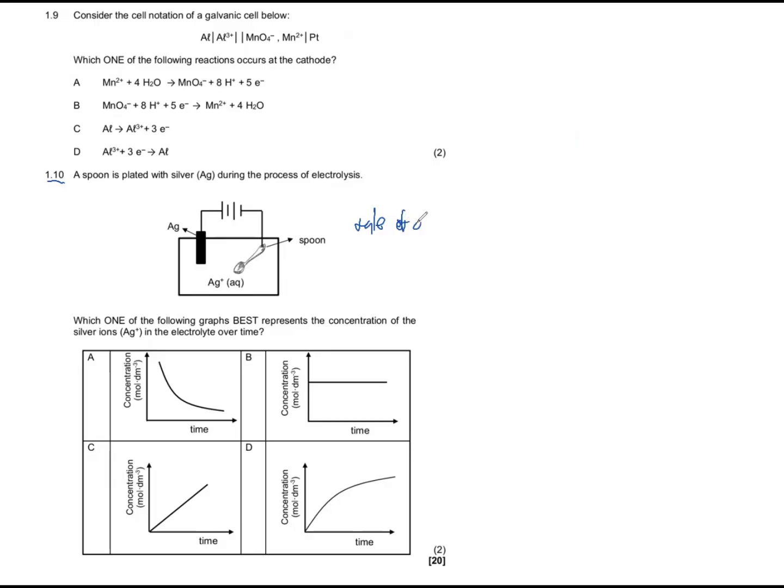So rate of oxidation equals rate of reduction. Now, if the rate of oxidation is equal to rate of reduction, it means concentration remains constant. Concentration remains constant throughout the reaction, right?